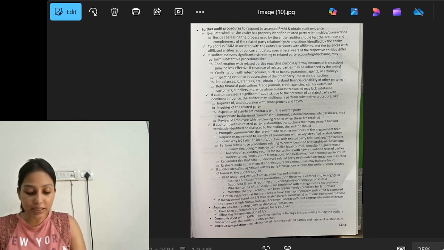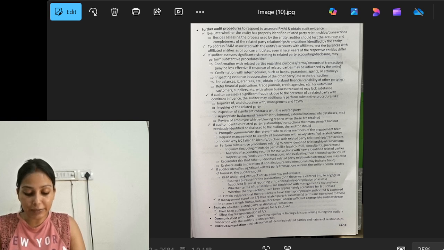If the auditor assesses a significant fraud risk due to the presence of a related party with dominant influence, the auditor may perform additional substantive procedures like inquiries of and discussion with management and TCWG, inquiring of the related party, inspecting the significant contracts with the related party, appropriate background research, and reviewing the employees' whistleblowing reports.